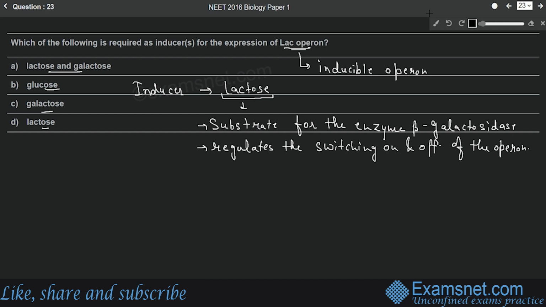And how does it do so? It basically binds with the repressor protein and makes the promoter site accessible to the RNA polymerase. Okay, so let's write it down here.